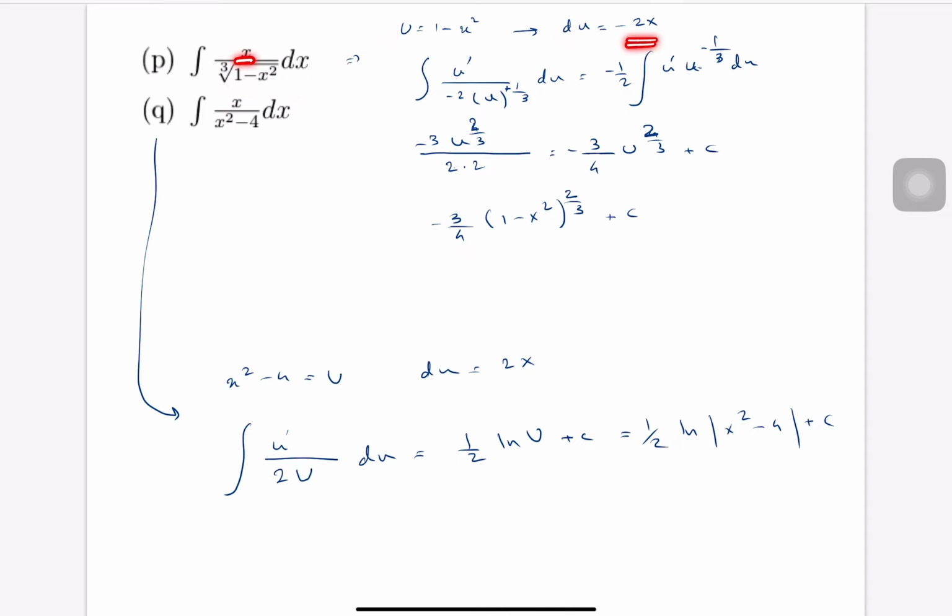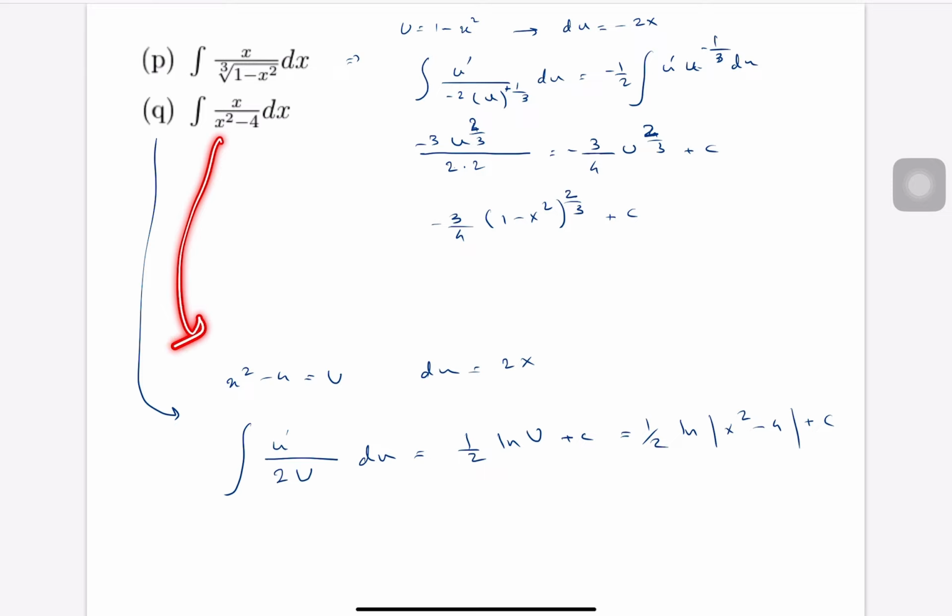I can find the relation between these two is u prime per minus 2, and I convert this radical to the power plus half, plus 1 per 3, and transfer to the up minus 1 per 3, and the integral of this can be plus 1, divide, it will be 2 per 3, and divide by 2 per 3, and the result will be minus 3 per 4, u power 2 per 3 plus c. And now we can put, instead of u, this number, 1 minus x power 2, and the final result will be this.